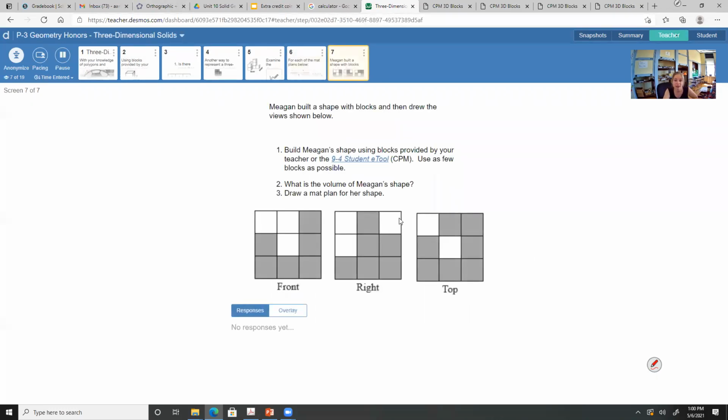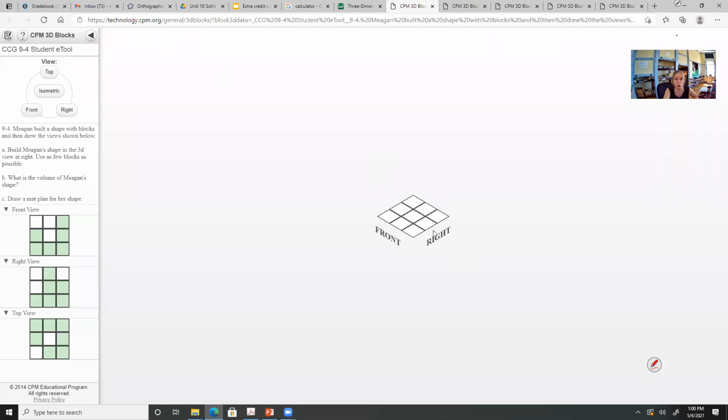And in the last part of the lesson, I gave them the front, right, and the top view of the shape, and I asked my in-person students to assemble it using the 3D blocks, and I asked my online students to use this tool to create the shape.